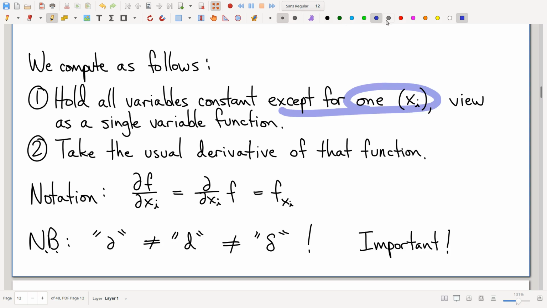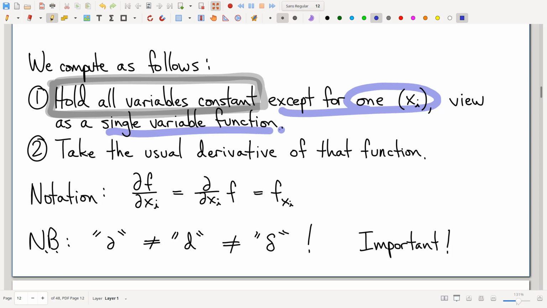Hold all of the other variables constant. Don't allow any of the other variables to change. Just momentarily, just while we're computing a partial derivative, hold all the other variables constant. And if you think about it, if you have a bunch of variables, but most of them are constant for the purposes of our argument, what results is actually a single variable function. Right?